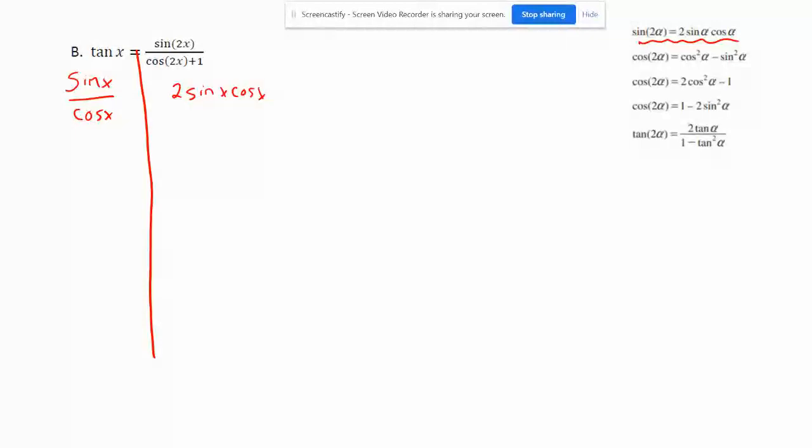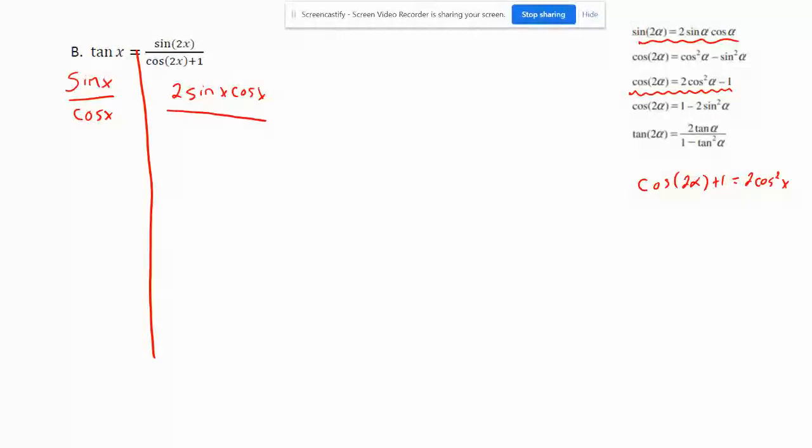And now we have a bit of work to do on our denominator of this side over here. So we want to be able to get a cos 2x plus 1. So hopefully, guys, you can see that we're going to use this identity over here, because we want to get a cos 2x plus 1. Since we have a minus 1 on the right-hand side of this identity, if we add plus 1 to both sides, we get cos 2 alpha plus 1 equals 2 cos squared.